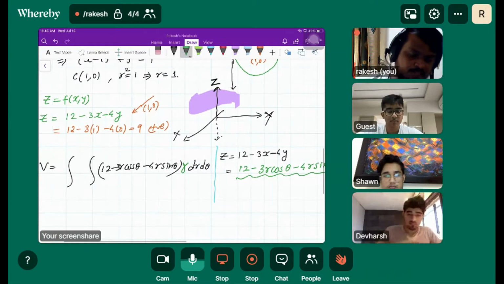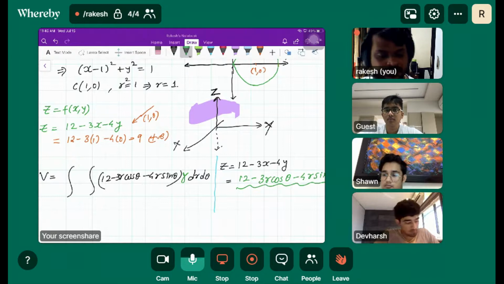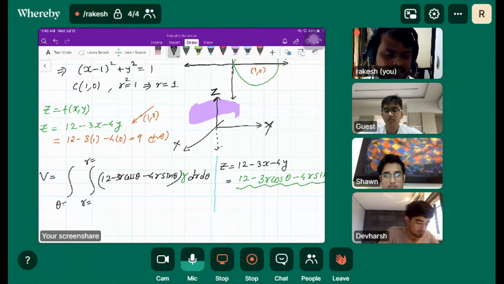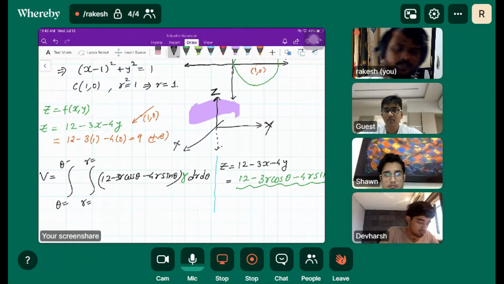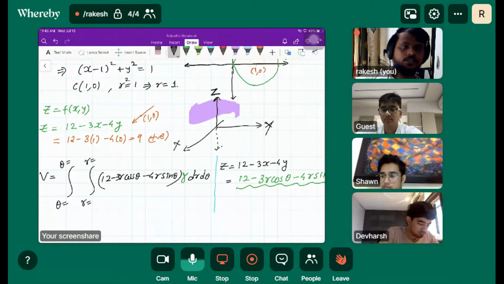Now the toughest part of this setting of the integral is fixing the limit. As we know, the inner integral has limit r is equal to, the outer integral has limit theta is equal to, right? There is a fixed order. This is the advantage over the rectangular coordinate system.